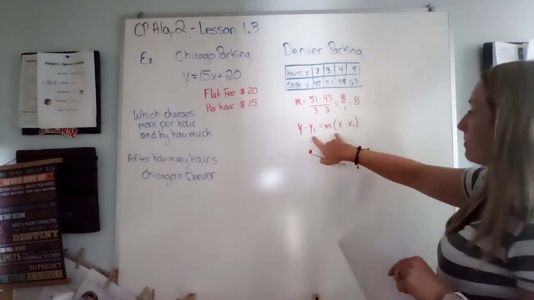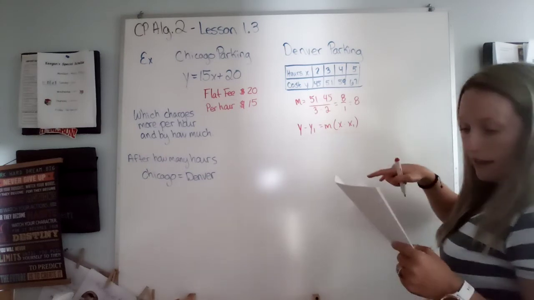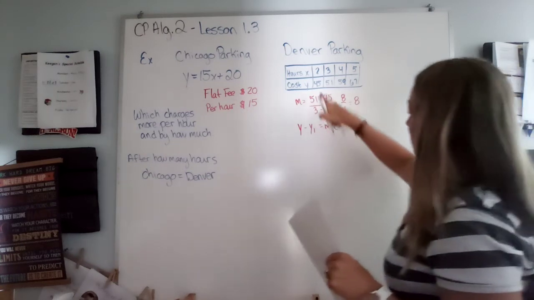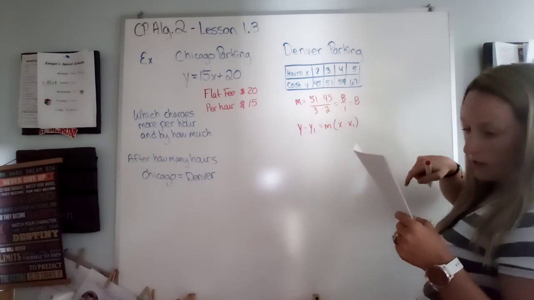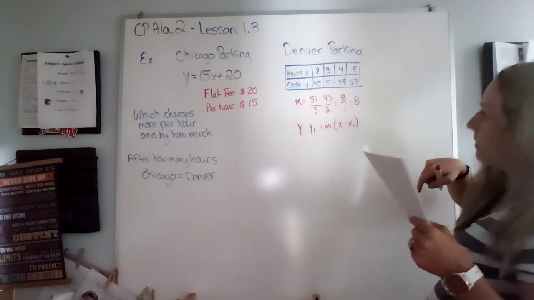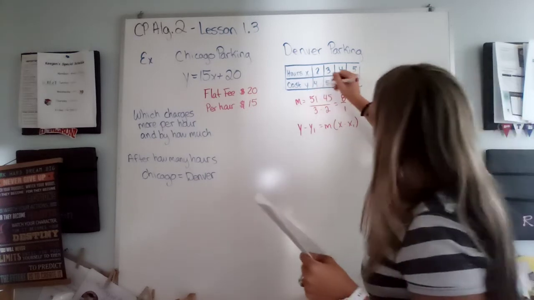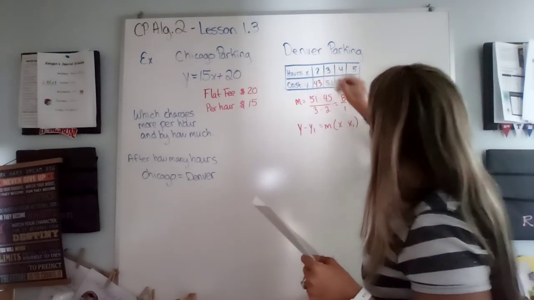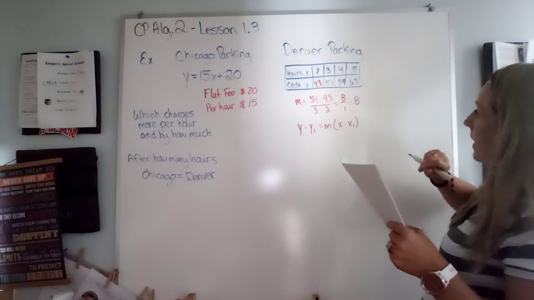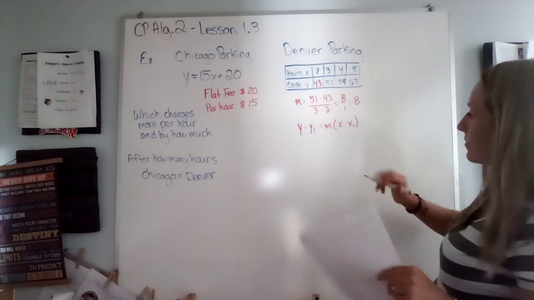So you pick a point and plug it in for x1, y1. It looks like I just chose the first point, and I put the wrong number in, I'm just noticing now. This is wrong, I'm sorry, guys. Change that. It's a 43, not a 45. Double checking everything else, yeah, everything else is right.